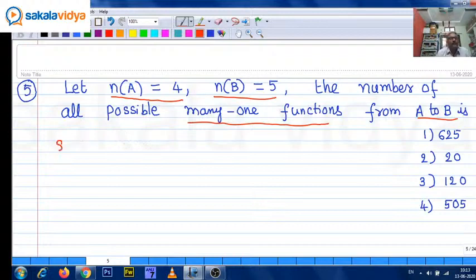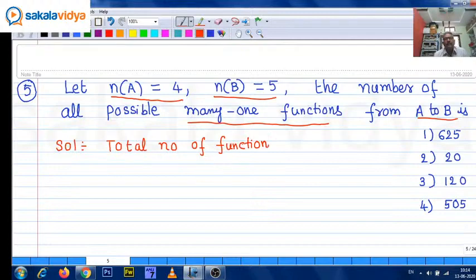So first write down the total number of functions.